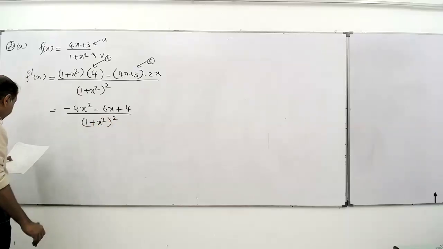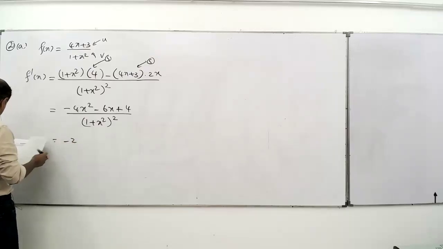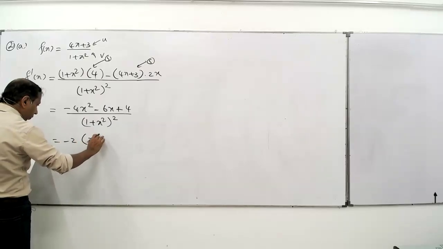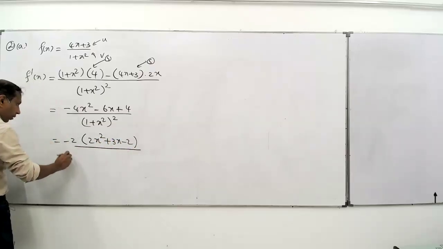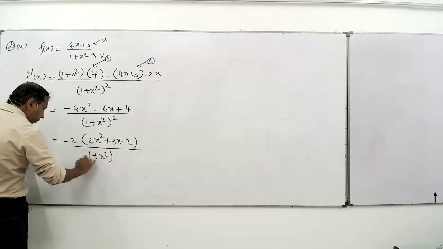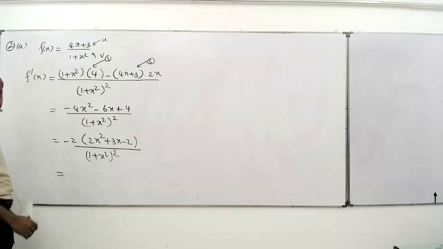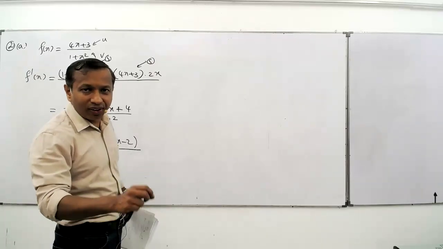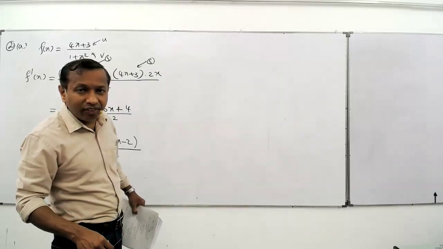Now you can take minus 2 out as a common factor, and we get minus 2 times (2x squared plus 3x minus 2) upon (1 plus x squared) to the power 2. Now factorize this. I'm not going to explain the factorizing as I did at the very beginning of the classes.